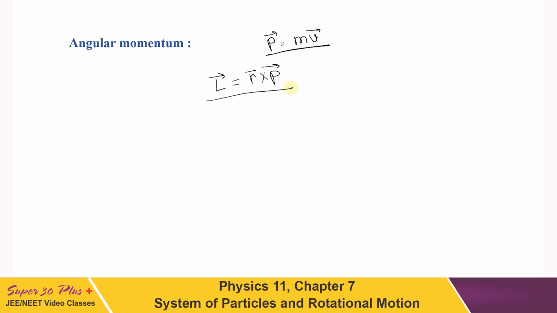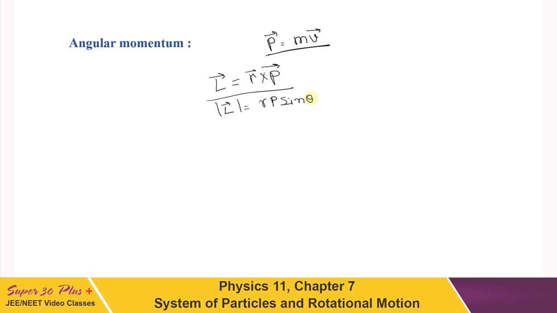So let us consider a particle which has mass m and velocity v. Its position with respect to origin is given as r. So we can write L equal to r cross p. Its magnitude can be written as r p sin theta, where theta is the angle between r and p.